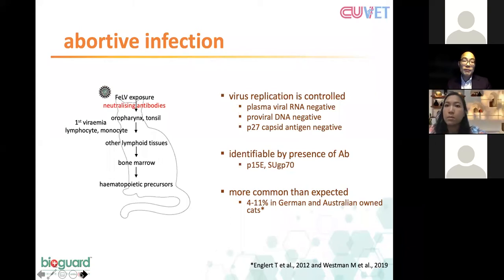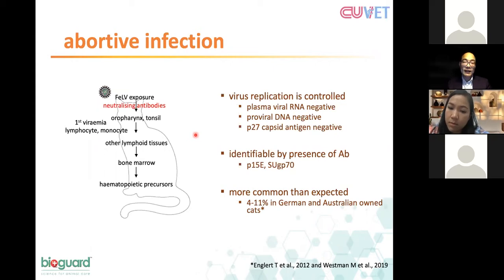With strong neutralizing antibody titer and also some T cell response, the virus replication is controlled, and therefore the infection is not well established. We can actually call this cat by another term: exposed but not infected. The cat is exposed to the virus, but infection failed to establish, right?